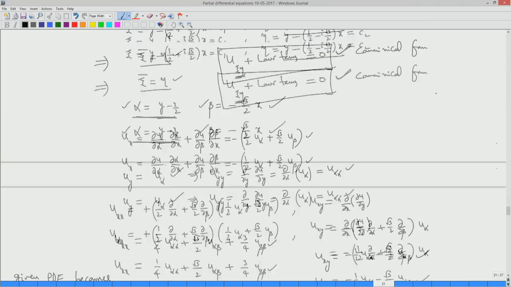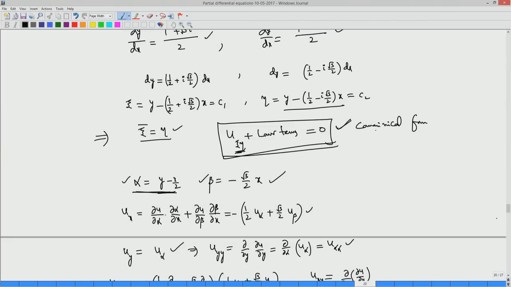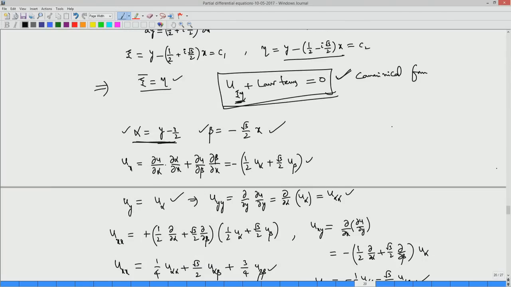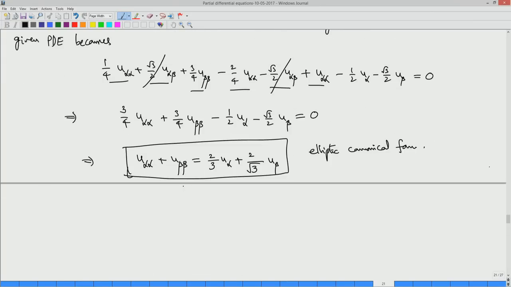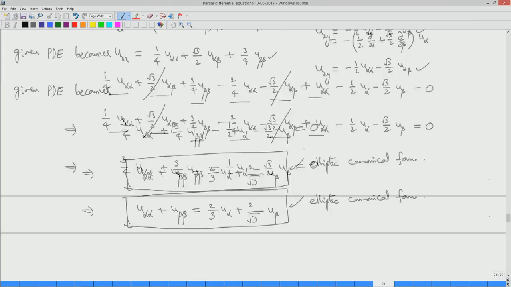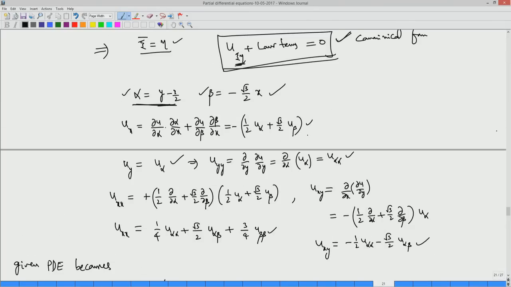So that is what exactly we have seen. u xi eta is the canonical form in terms of these new variables alpha beta. Instead, you can directly write in terms of x y. You choose alpha beta as the real and imaginary parts of xi and eta.